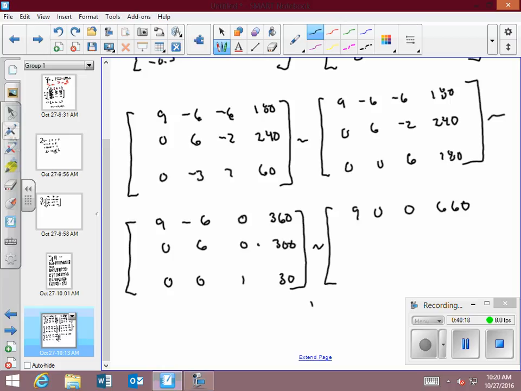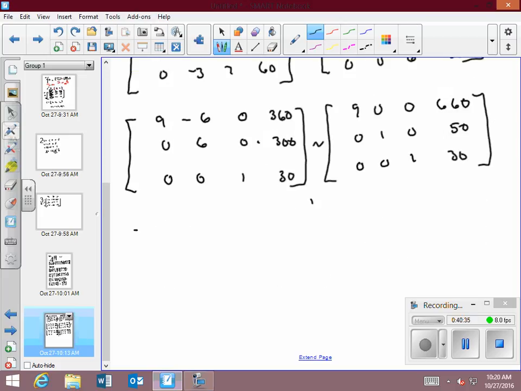Now divide 6 into the second row. Then divide the top row by 9. One, 0.